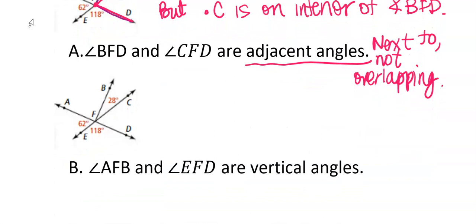Okay, how about AFB and EFD are vertical angles? So AFB is this one, and EFD, I'll make that a different color.